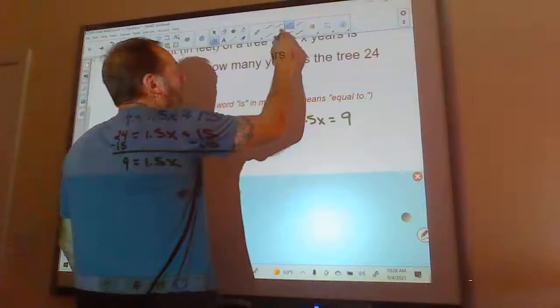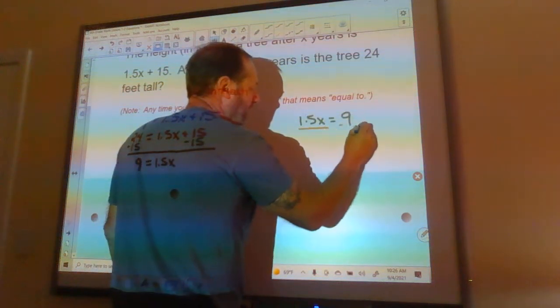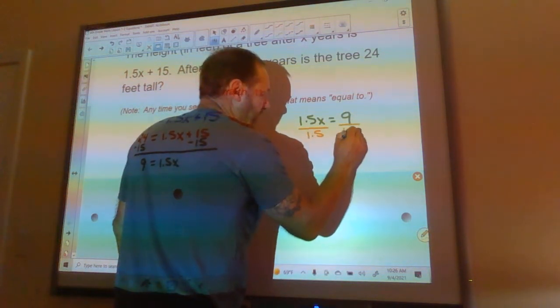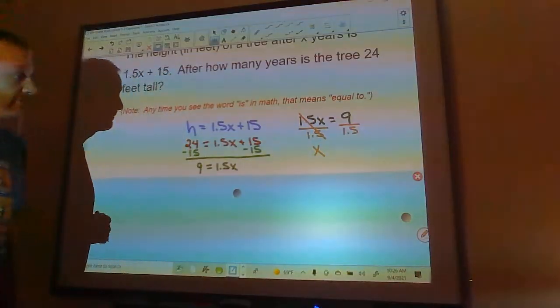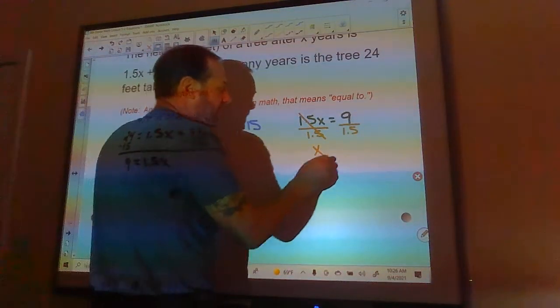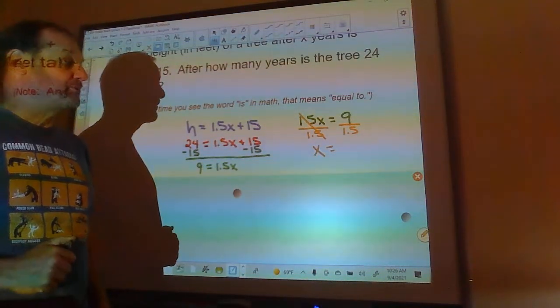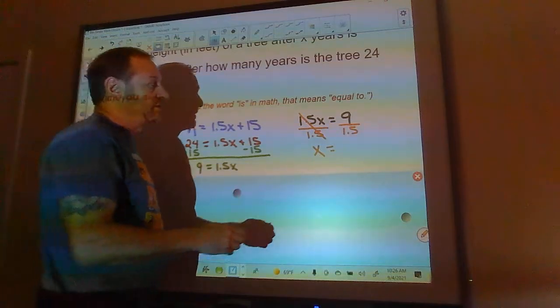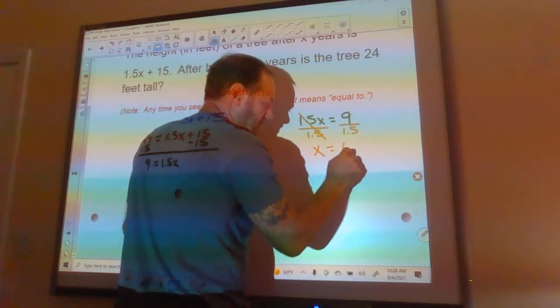Okay, and now I'm going to go ahead and divide both sides by 1.5. So the 1.5 goes away here, and I get x, which is what I wanted. And then 9 divided by 1.5. Let's see, 1.5 times 2 is 3. So this should go in there 6 times.